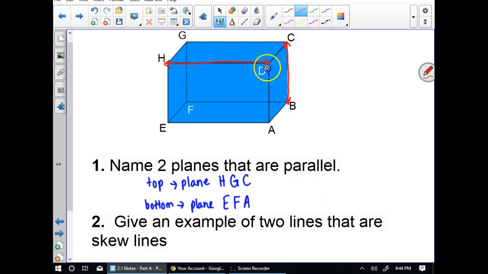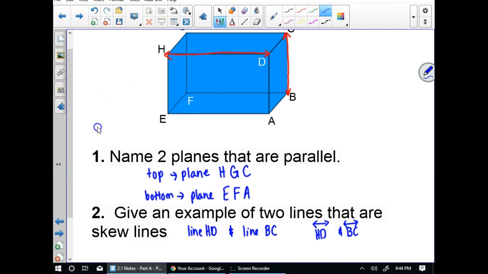They look like on our paper they're going to cross right here, but this line is behind this front line. Whenever we name a line, we can either name it like this, line HD and line DC, or we can use this symbol. We can say HD and BC. It takes 2 points to name a line.